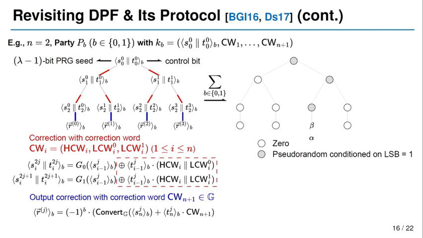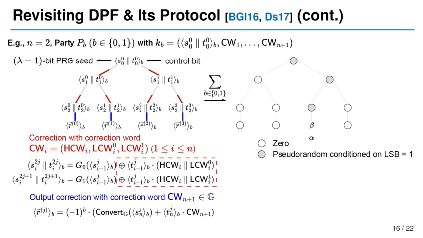Here we use red and blue color to highlight the two kinds of correction. And the correction ensures that by summing the two parties' corrected GGM trees, the summed tree has pseudo-random nodes along the path alpha, and these nodes are pseudo-random conditioned on the non-zero LSB.